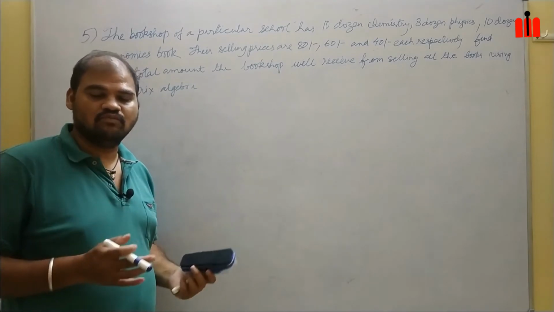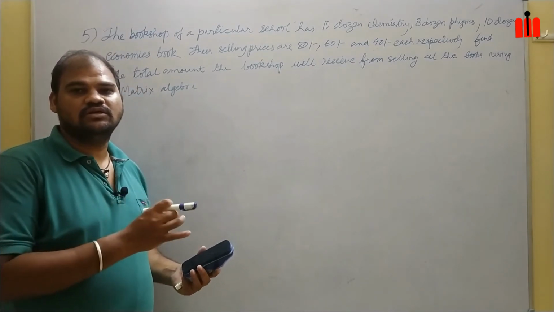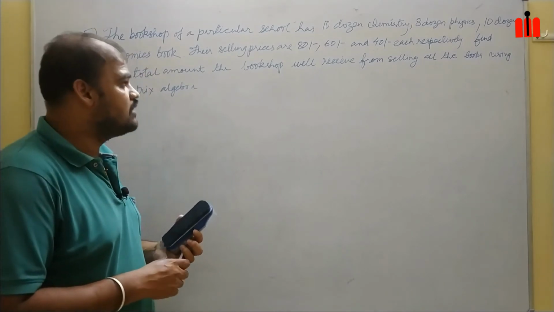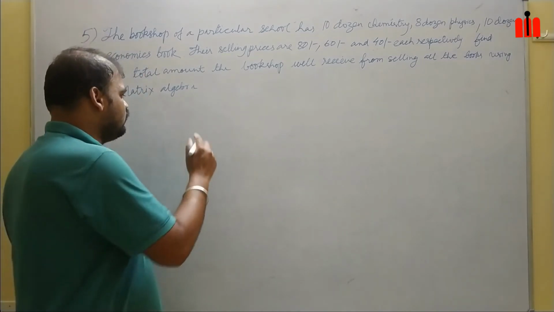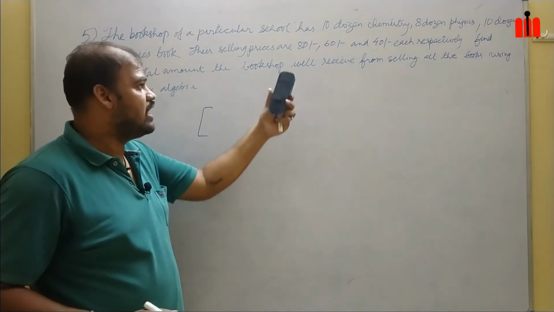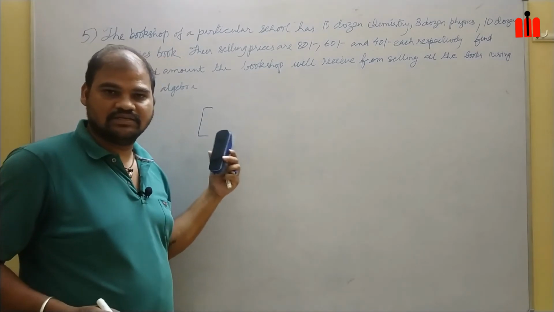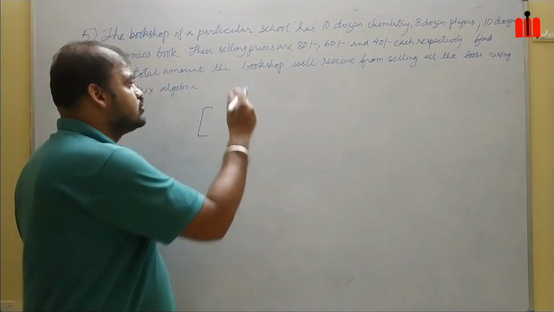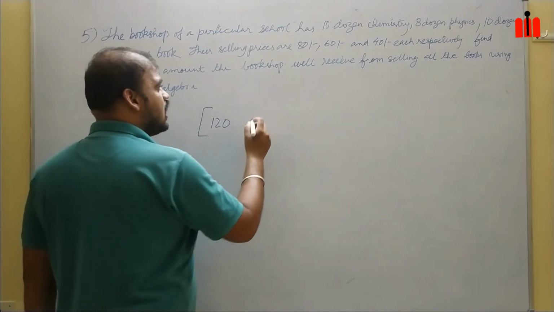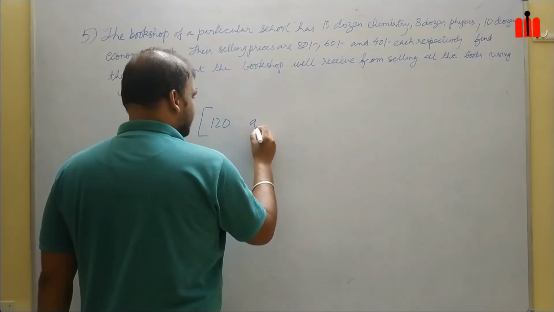So after selling the books, how much amount will the bookshop receive? So how many books are there? 10 dozens means 120 books. So my book matrix will be a one row matrix, right? It will be 120 chemistry books. After that physics, how much will it be? 96.